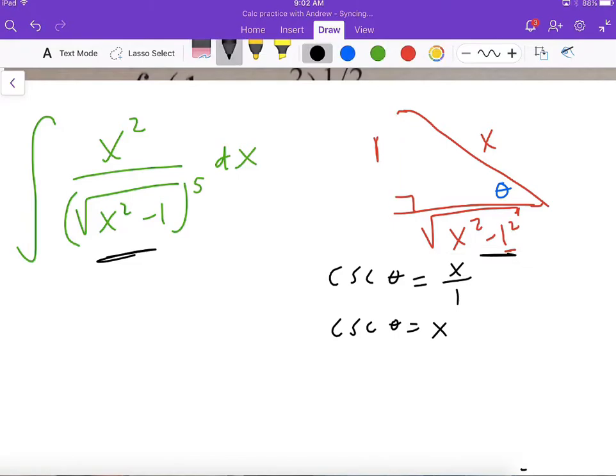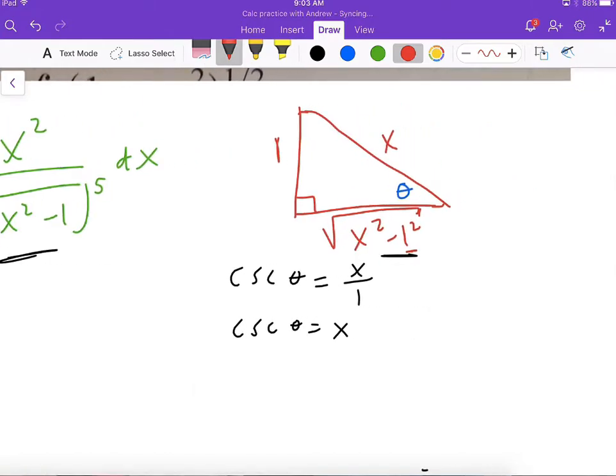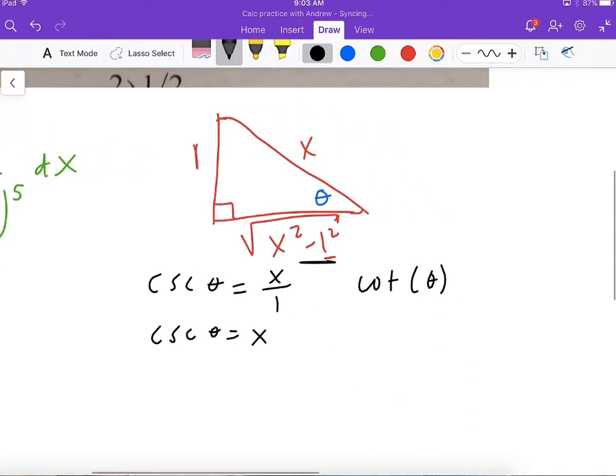I'm going to write that next to this over here. So instead of opposite over adjacent, it's going to be adjacent over opposite. So cotangent of theta is going to be equal to the square root of x squared minus 1. Of course that's over 1, but I'm not going to include that right now because it's the same as just the square root expression.